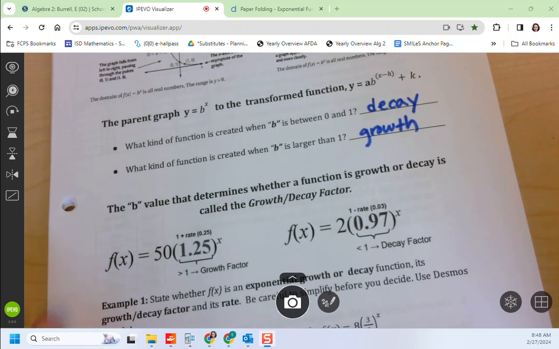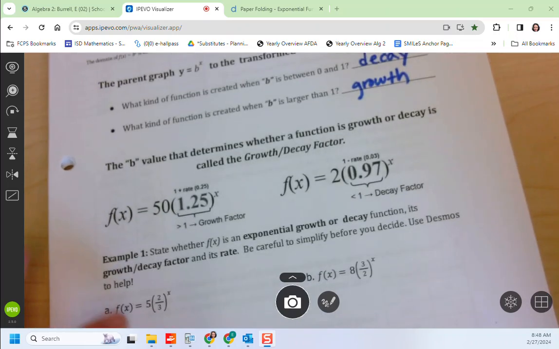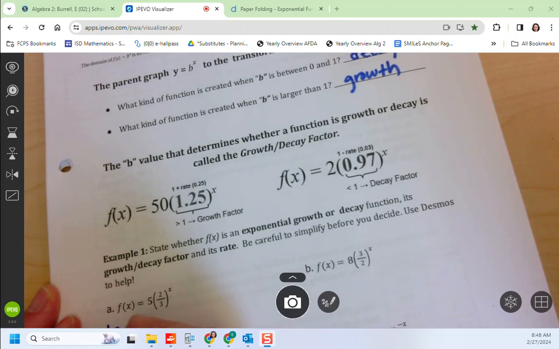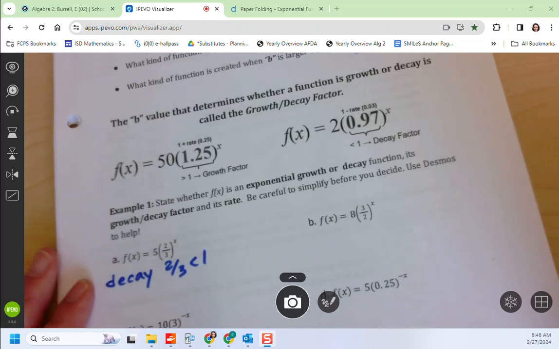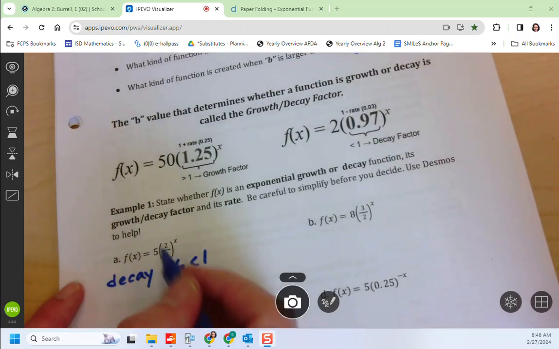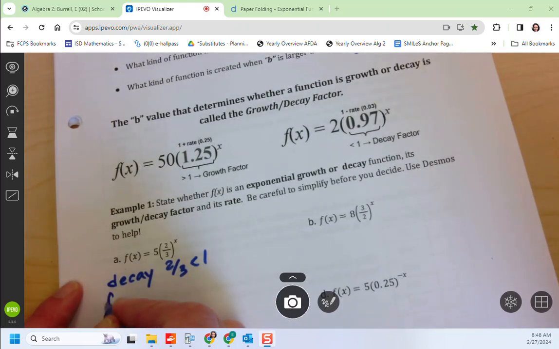One person said decay. Anybody else say decay for A? Good. So A is decay because 2/3 is less than 1. Okay? So if that base below the x is less than 1, it's going to be decay. Then it asks you for the growth and decay factor, and that's just going to be that 2/3.